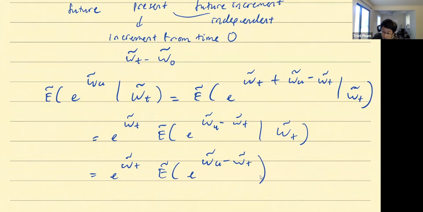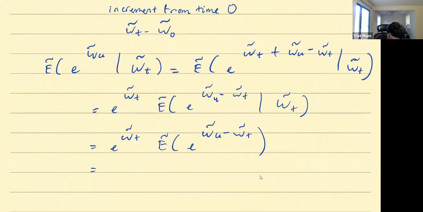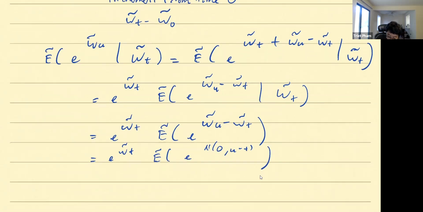But then you know what this is, because this is like the expectation of a normal with mean 0 and variance u minus t. Then you apply the moment generating function formula, which gives you e to the 1/2 times u minus t. And that's the answer.